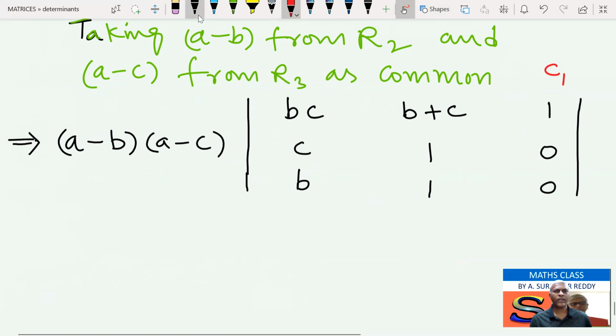Already in the last class we explained what a determinant is: the sum of the products of elements with their cofactors, along any row or any column, is called the determinant.